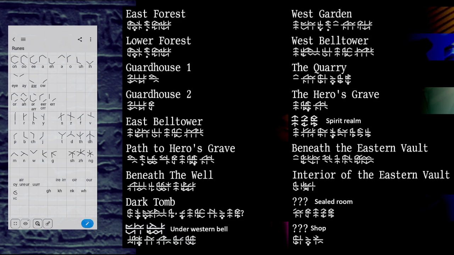Lower Forest. Ruins of... Oh, also Ruins of Fortress. Guardhouse 1. Does that just say Guardhouse 1 again? Guard. And that vowel is, yeah, that says Guardhouse 1. And would you believe the one below it says Guardhouse 2? Well, those were easy.